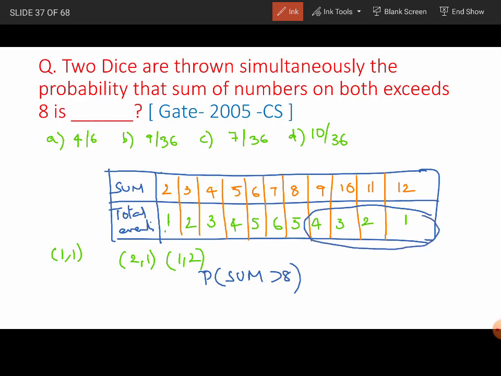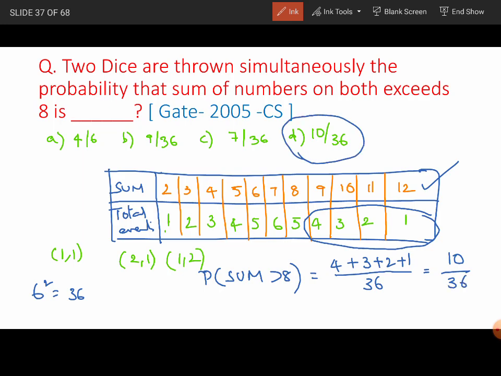And what are the favorable outcomes for them? 4 plus 3 plus 2 plus 1 divided by the total number of outcomes. For 2 dice, 6 power 2, 36, which is equal to 10 by 36. So 10 by 36 is the answer.